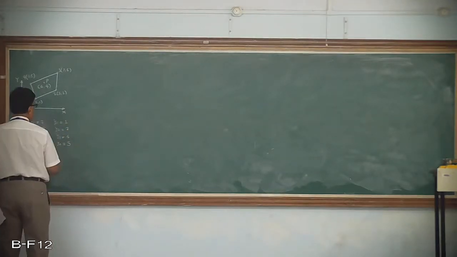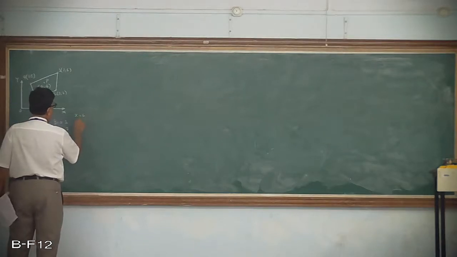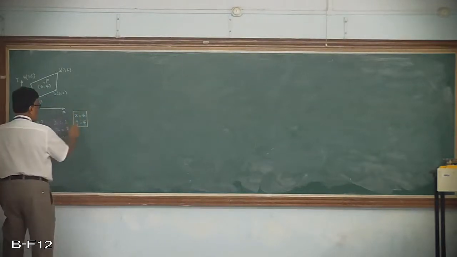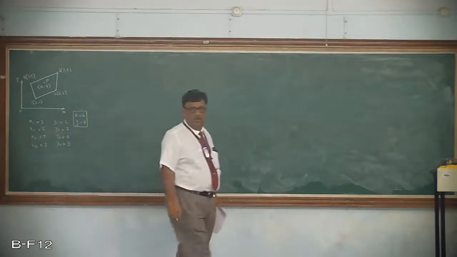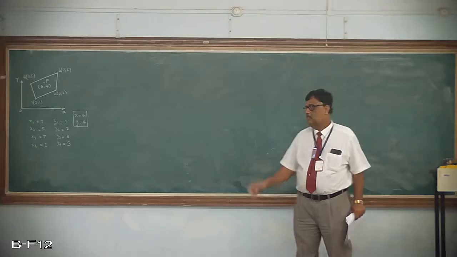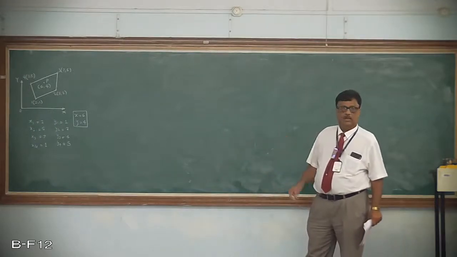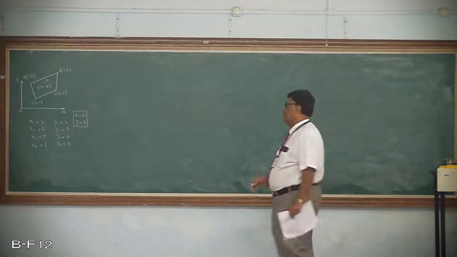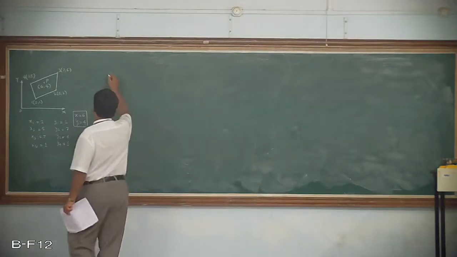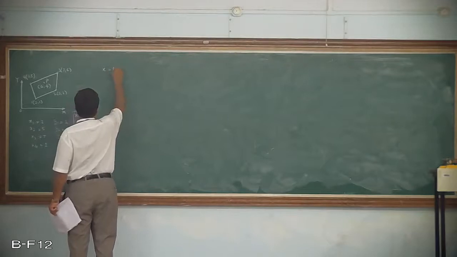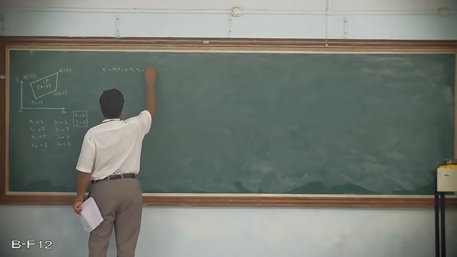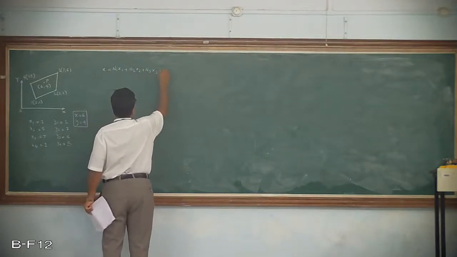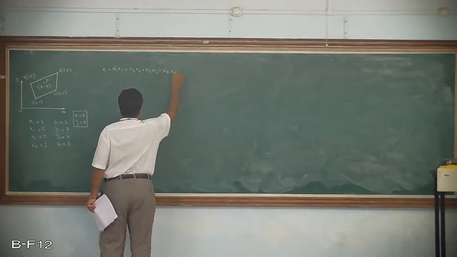Among all that, we know the coordinates of the point: x is 6 and y is given as 4. These are already known to you, so we need to find the rest. Here we know that I can express x in terms of all these coordinates by using the shape functions. So the first relation is x is equal to N1 x1 plus N2 x2 plus N3 x3 plus N4 x4.